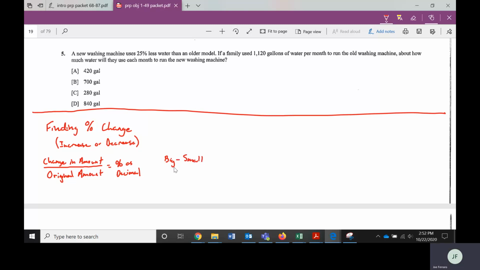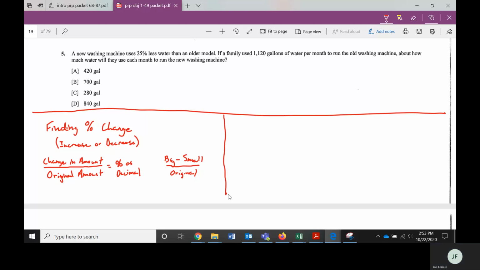You always take the big minus the small, and it's always over the original. The bottom is not necessarily the big one, and not necessarily the small one. It's always the original. So if something went from $10 to $15, $10 would go on the bottom. And then you would do 15 minus 10 on the top to find the change. So that's going to be the first type of problem we're going to look at.